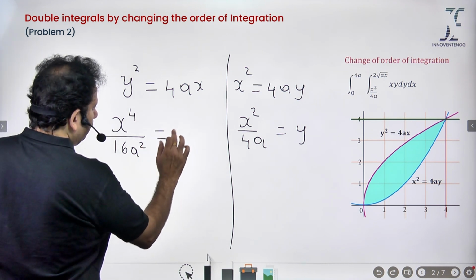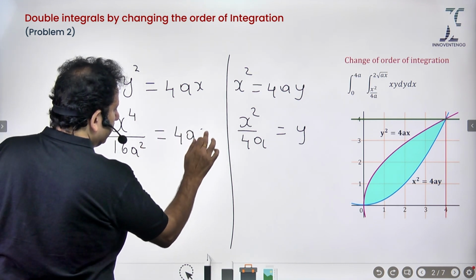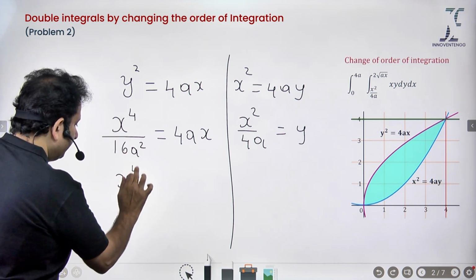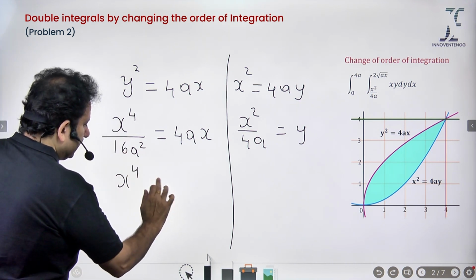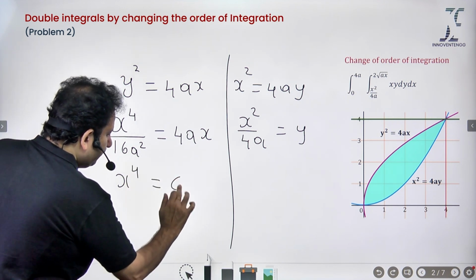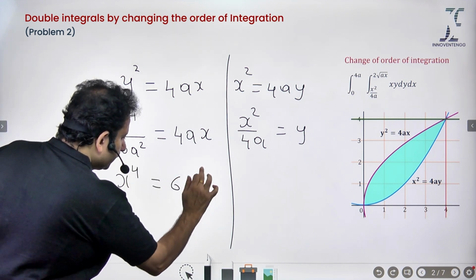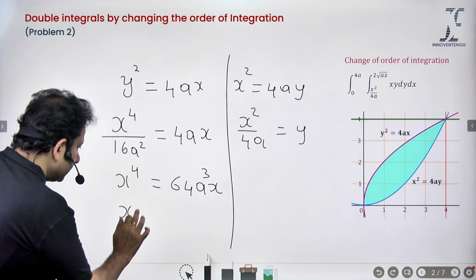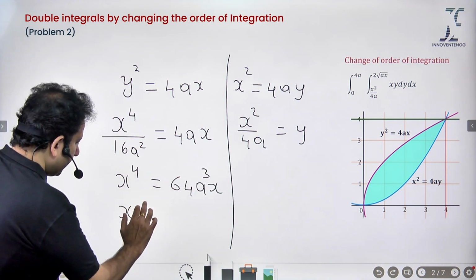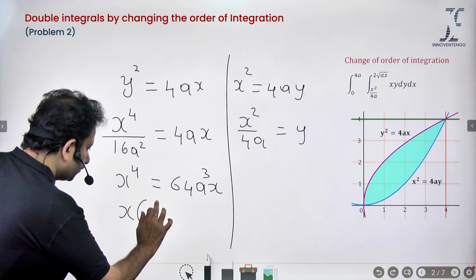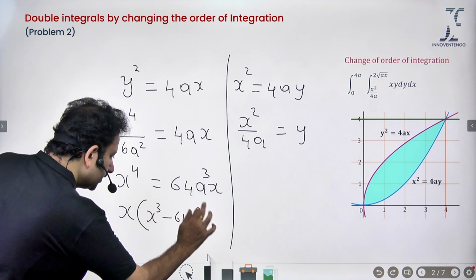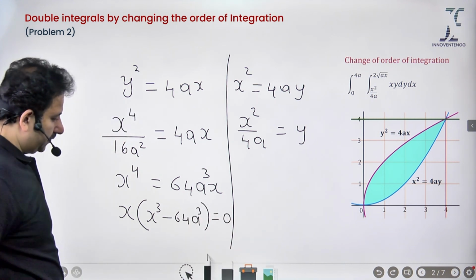And that is equal to 4ax. What I can do here is simplify, and that becomes x power 4 equals 64a cube x. So what I can do here is bring this to the LHS, take x outside, I get x(x cube minus 64a cube) equal to 0.